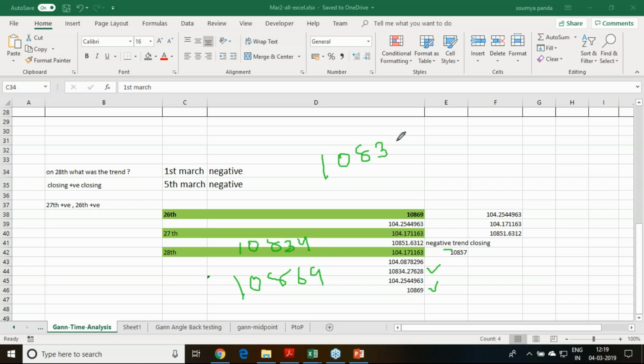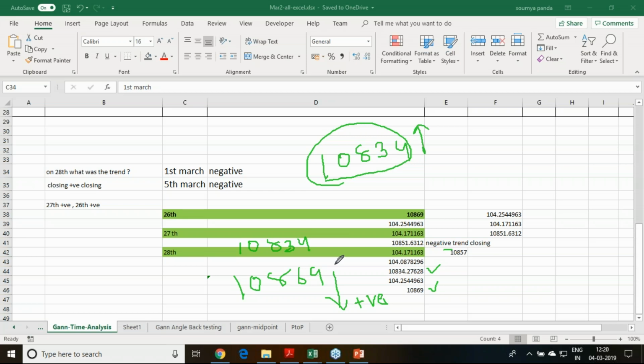On 28th, very carefully listen to this part. On 28th February, if the price closed below this 10,834, I can say it is a trend negative closing. Or if the price closed above this 10,869, I can say it is a trend positive closing. However, if the price closes between this band, 10,834 to 10,869, I can simply say that whatever trend was there on 27th, the same trend is continuing today.